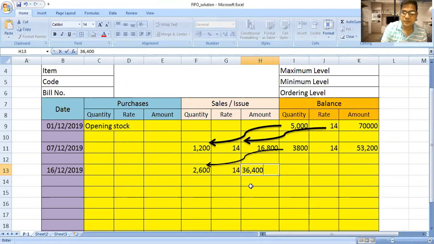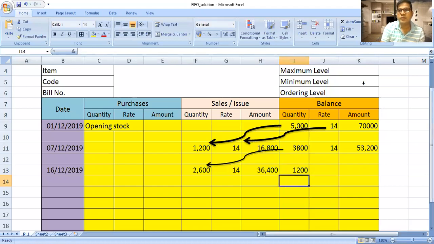So it is 36,400. After selling the 2,600 from this 3,800, the rest of the balance is 3,800 minus 2,600, which is 1,200.